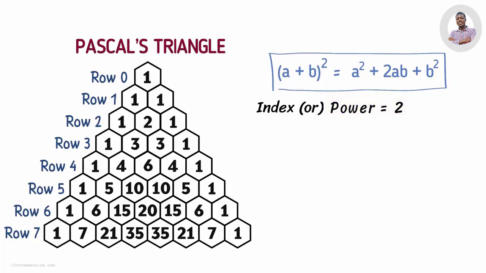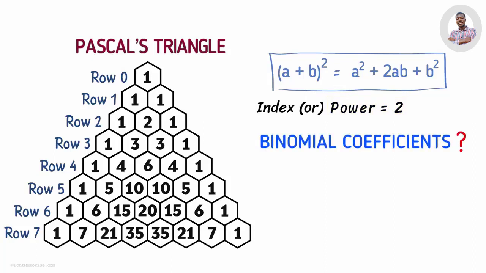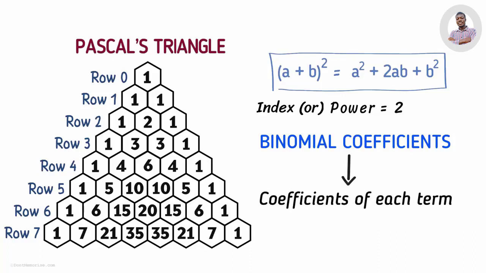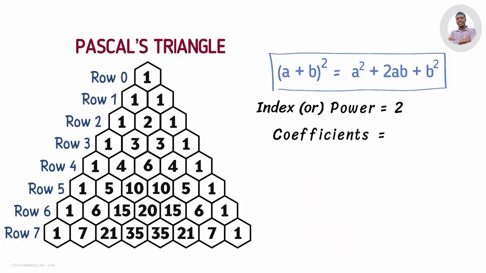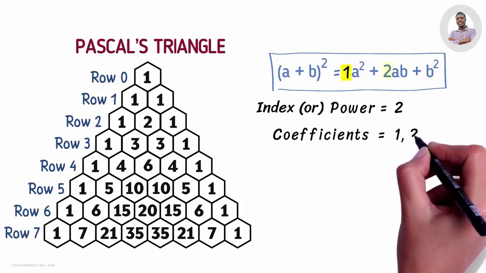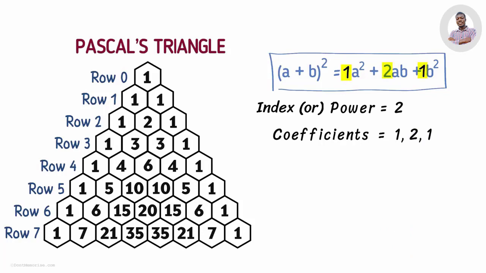But before we continue, we have to know the binomial coefficients. Binomial coefficients are the coefficients in each term of the binomial expansion. Who can tell me what the binomial coefficients of (a plus b) all square are? They are 1, 2, 1. The numbers in the second row are the same as the binomial coefficients of the expansion with index 2.